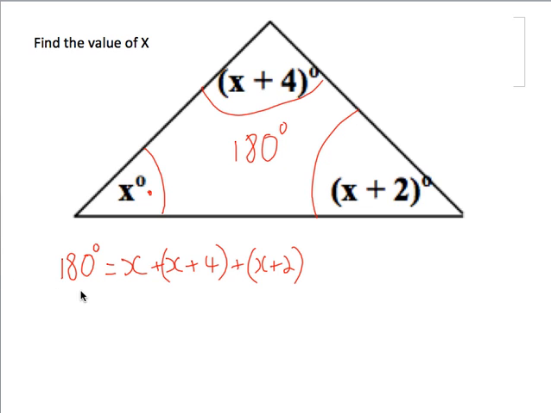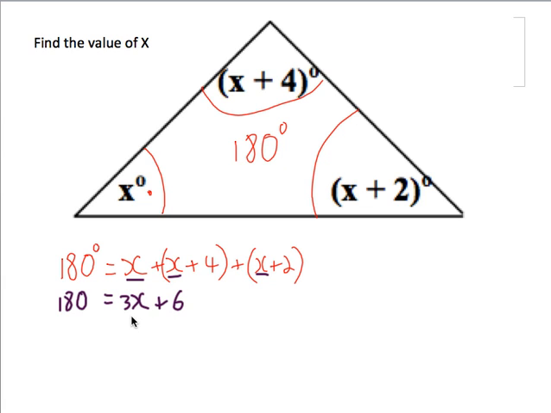So the first thing I would do is put all my numbers together and all my x's together. I've got 1, 2, 3 x's, added together. So 180 equals 3x, and then it's plus 6, because 4 plus 2 is 6. So 180 equals 3x plus 6.